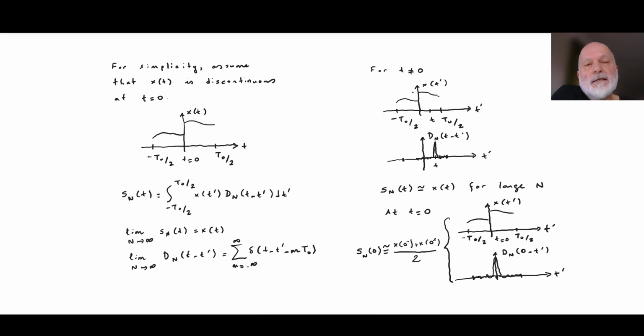At those points, the function is evaluated, and we evaluate the sum of these values and divide by 2. That means the arithmetic mean. So at discontinuity points, the Fourier series converges to the arithmetic mean of the values of the signal when you approach the discontinuity from right and from left.